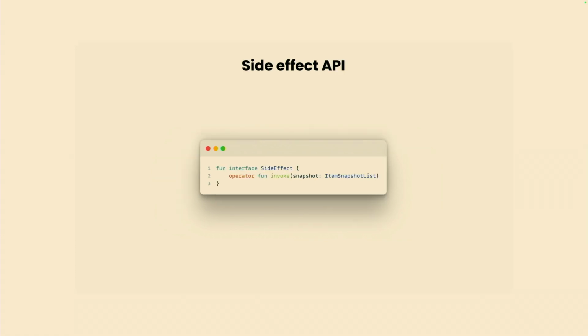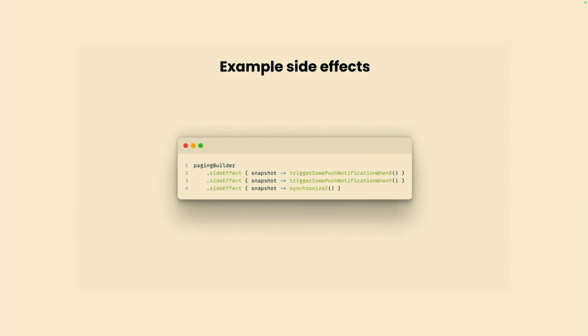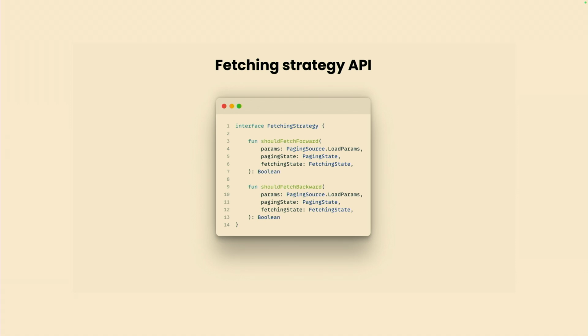There's also side effect APIs. So this is whenever we take a snapshot of the paging state, you could have these side effects that fire off. This is useful again for standardization while allowing different teams to do their own thing. We have fetching strategy APIs, like whether to fetch forward, whether to fetch backward.